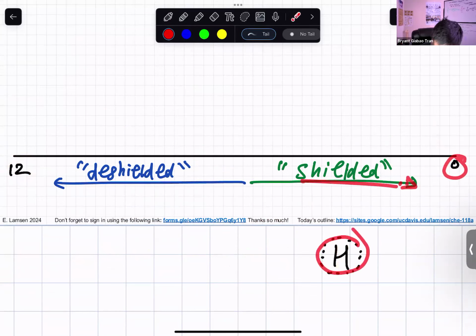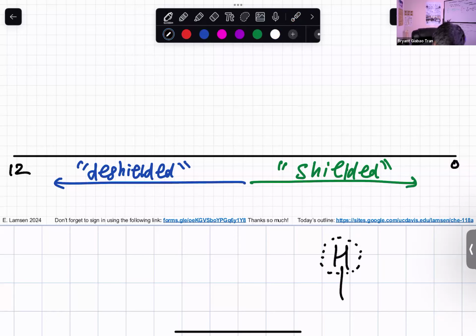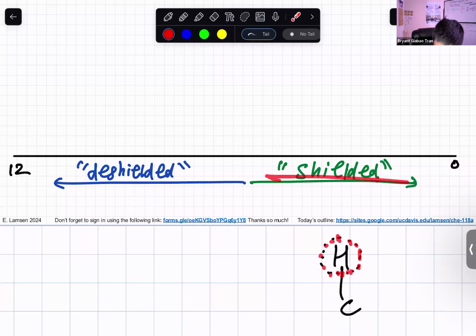It's shielded by electrons, and shielded hydrogens tend to be attached to non-electronegative atoms, non-electron-withdrawing groups like carbon. This is a non-polar bond right here. Carbon is not that electronegative, so it's not going to withdraw electrons from hydrogen that much, so there are still a lot of electrons around that hydrogen, making it shielded.